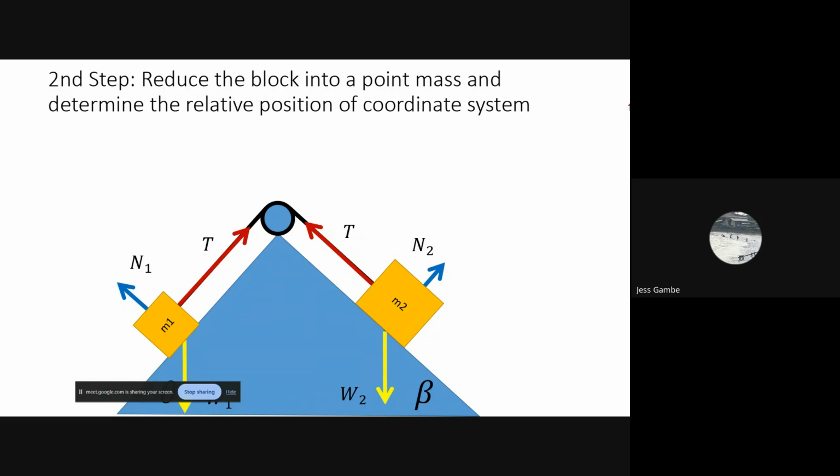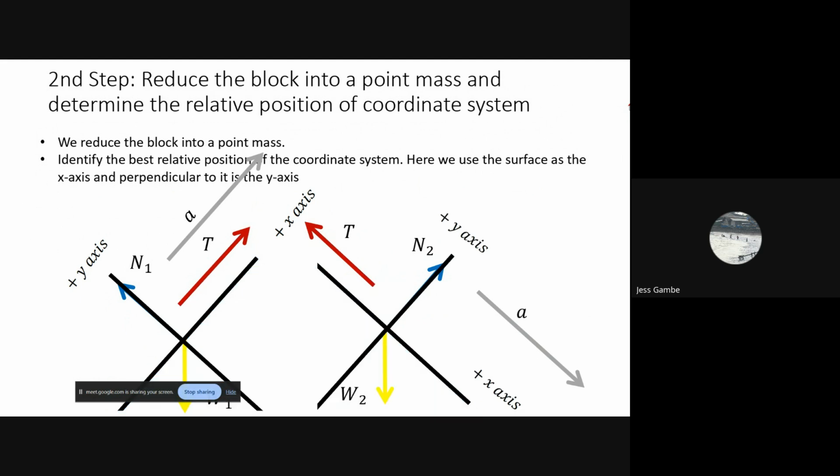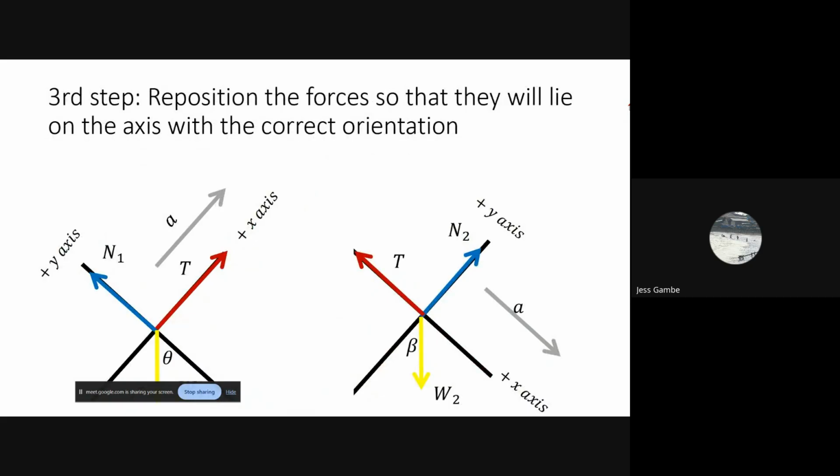Second step is to reduce the block. So, reduce the block into a tiny block. So reduce the block to points. Then we align the forces. So as you can see, mo ni siya ang naong sa imuhang duha ka free body diagram, one for each mass. Okay?